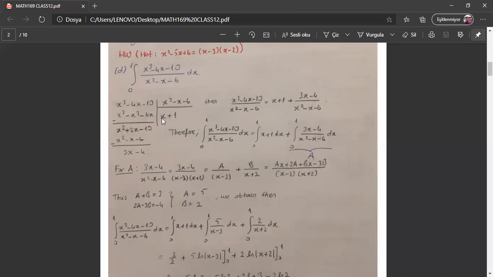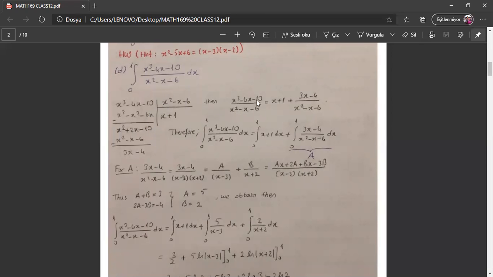Then you need to multiply by x to get x to the 3. When you multiply by x, you get this, you subtract them, you get that. Now you have x squared, which is the highest power of this polynomial, so you need to multiply this by 1 because you already have x squared there.